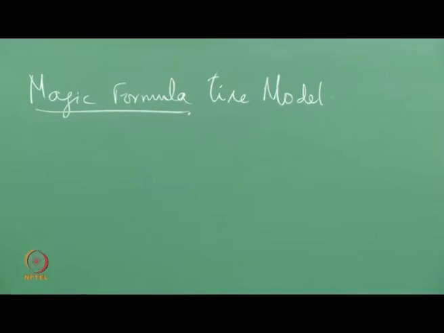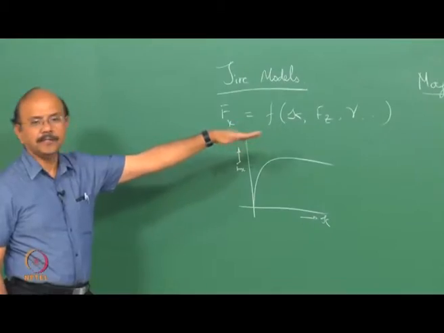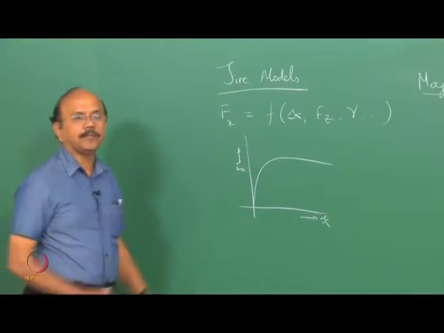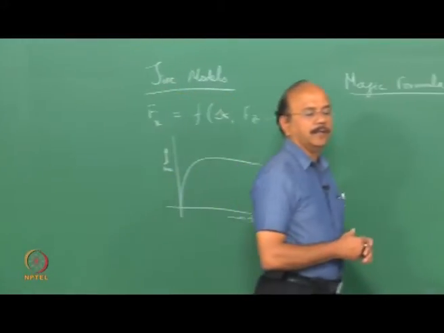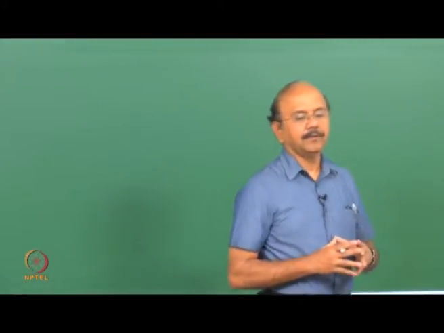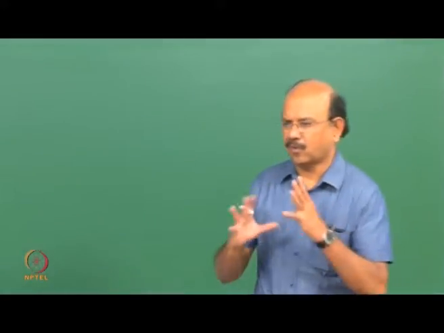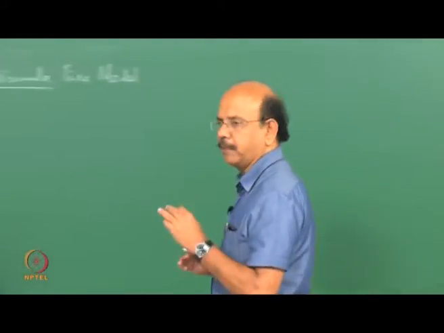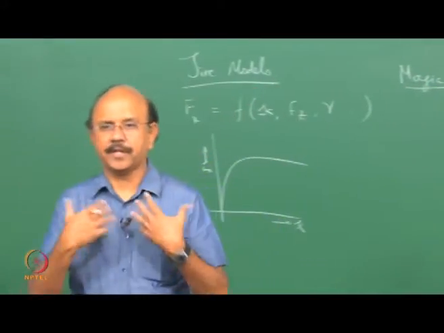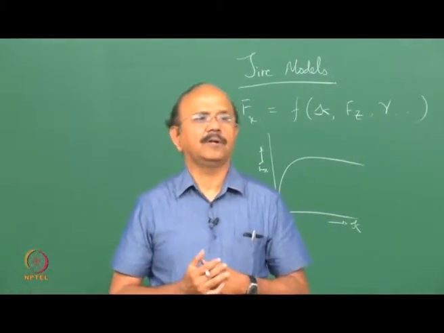A bit of history. This is one of the greatest contributions of Professor Pacejka, who's the forerunner in the whole of tire mechanics, and he has a very interesting book which I've already pointed out. And he with Volvo company, Mr. Bakker of Volvo company, they together, in 1987, around that, put up this formula, initially called the Pacejka tire model.